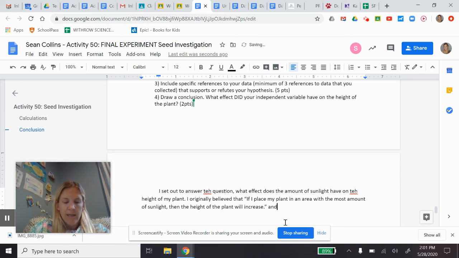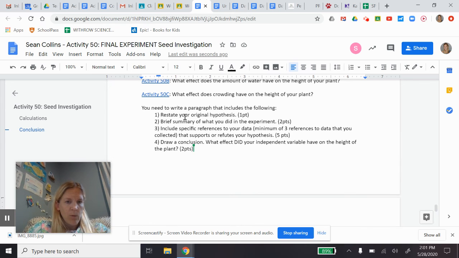And my data either supported this idea, or refuted that. So here's where you need to add in, I need to get rid of that period right there. You need to add in whether or not you support that or refute that. So already now I've done number 1.